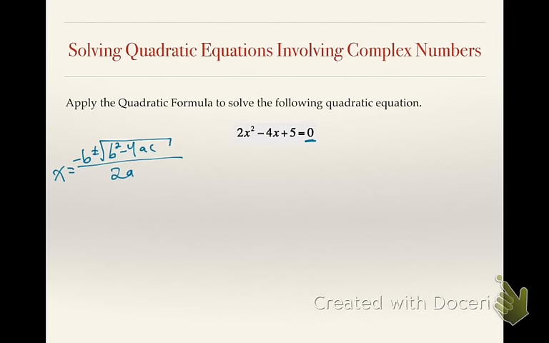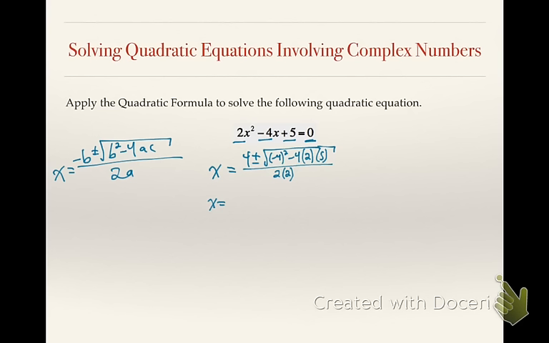Otherwise I'd have to rewrite the equation so that it's equal to 0. a is 2, b is negative 4, c is positive 5. So it's going to be positive 4 plus or minus the square root of negative 4 squared minus 4 times 2 times 5, all over 2 times 2.